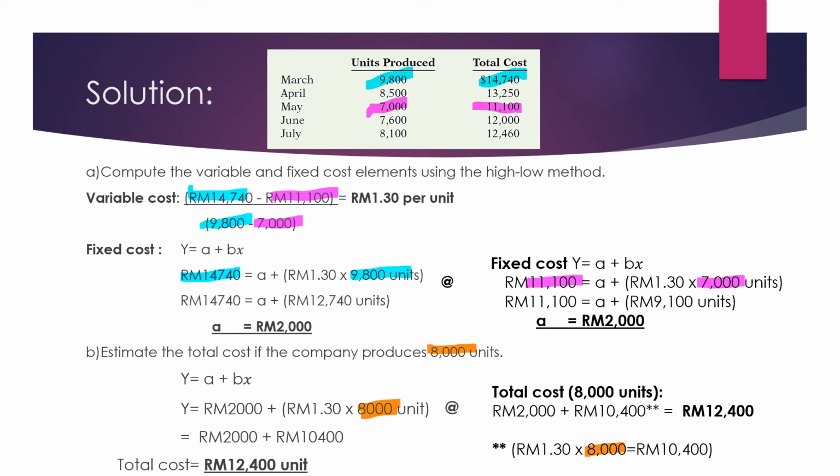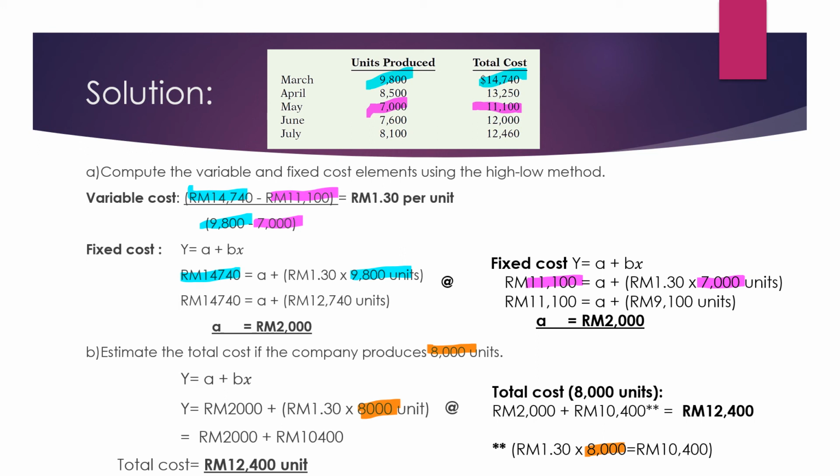Or we can use the lowest activity level. So fixed cost y equal to a plus bx, y equal to 11,100 equal to a plus 1.30 multiplied by 7,000 units. So settle the equation, a also equal to 2,000. This is the fixed cost.